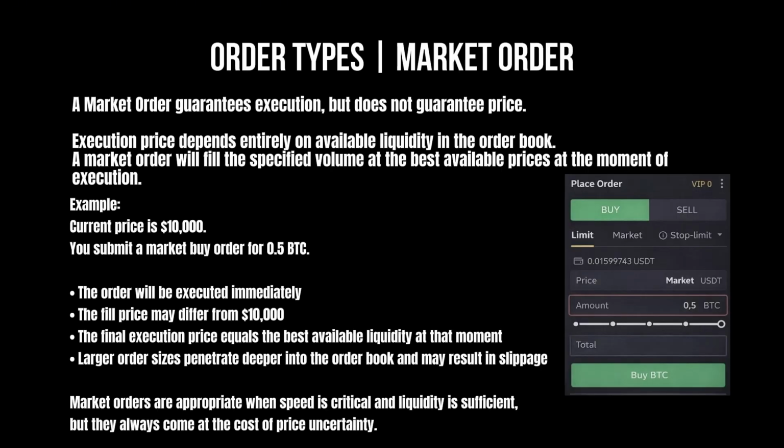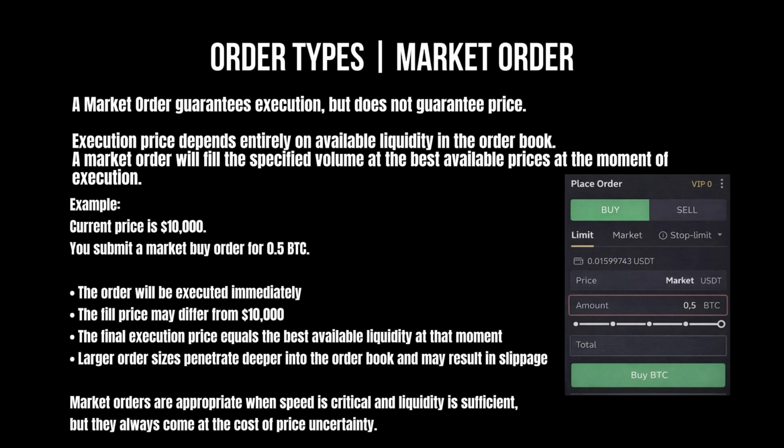Market order. A market order is an order that guarantees execution but does not guarantee the execution price. The final price depends on the available liquidity from limit orders in the order book. When you place a market order, it will search for the required volume at the best available prices in the market.